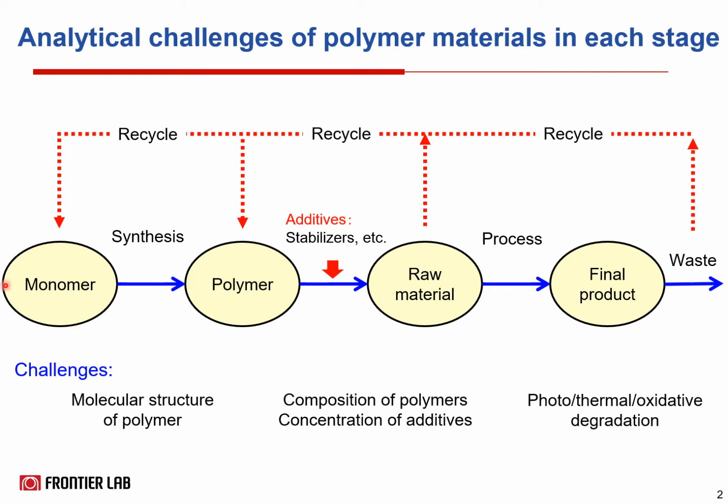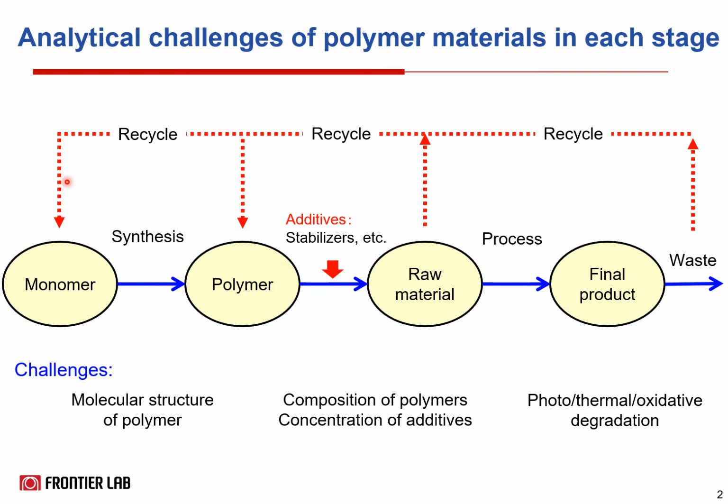First, the monomer is polymerized to synthesize a polymer, and then additives are added to make a raw material, which is then subjected to a molding process to become a final product. After that, some are used and wasted, or some are recycled and used in each process.